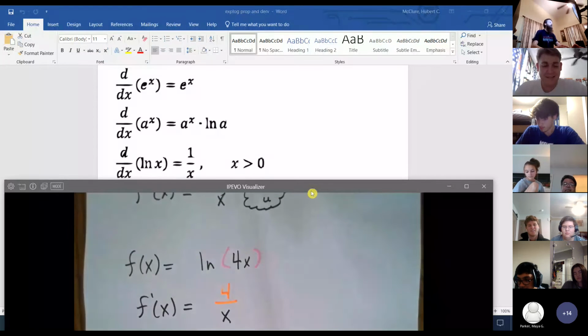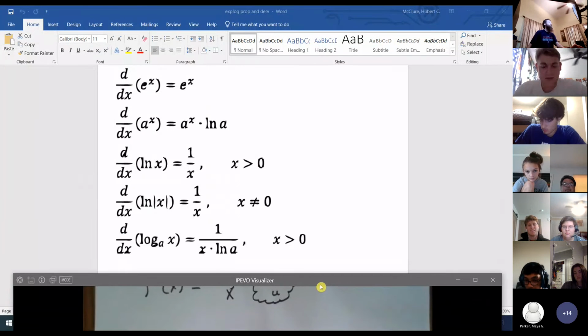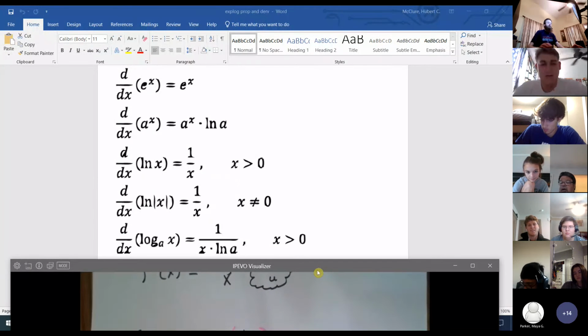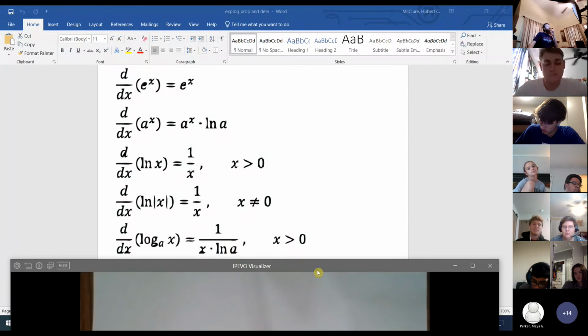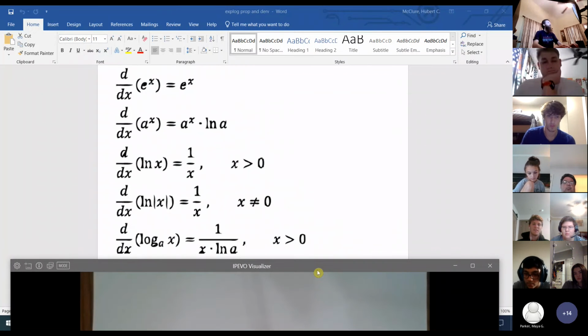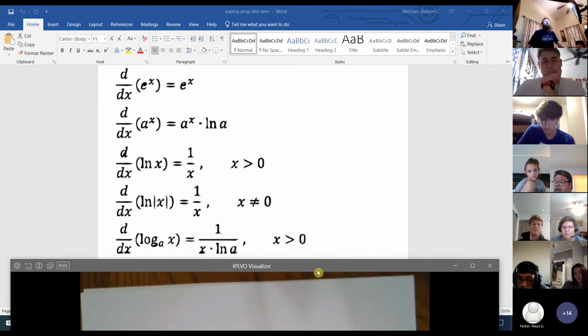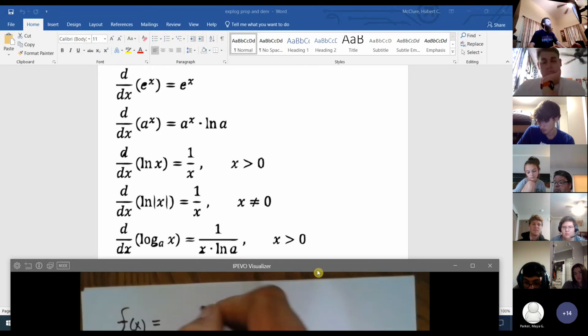All right. And the last one. Write that one down. Log base a of x. This is kind of a mixture between the derivative of the log and the change of base formula. F of x is equal to log base 3 of 10x.